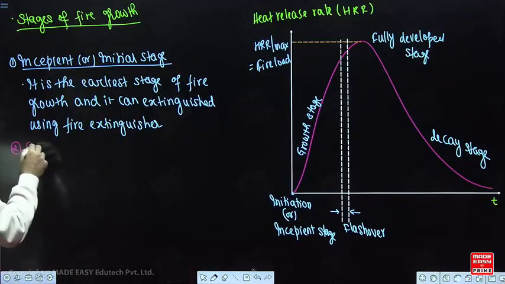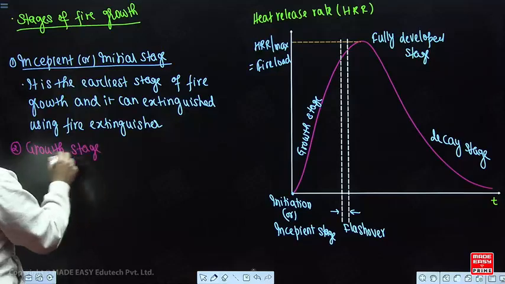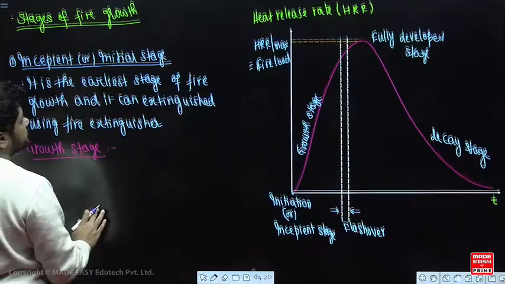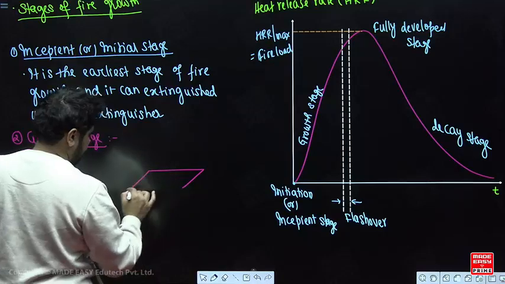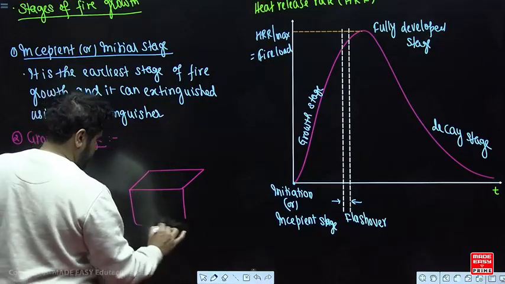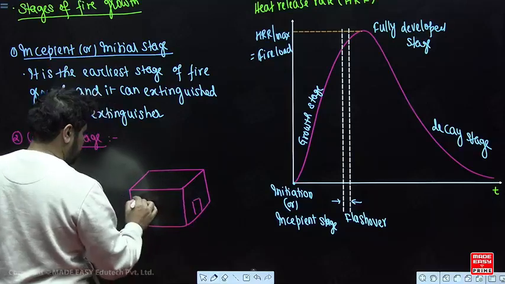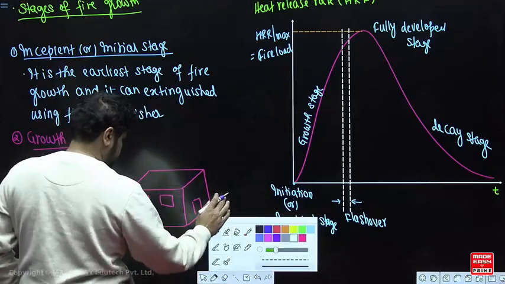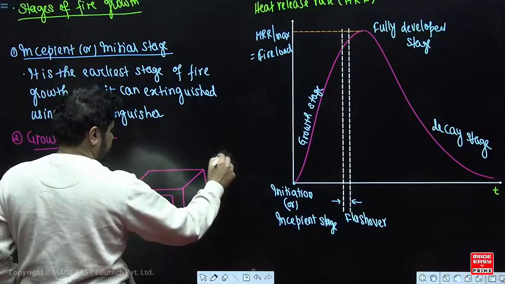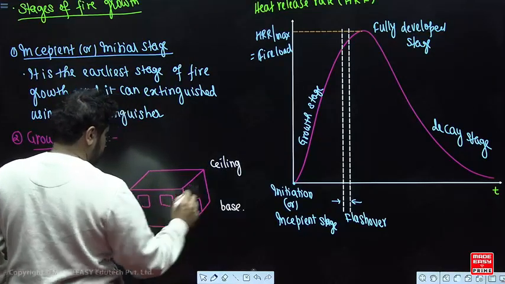Okay, next is your growth stage. अब देखो growth stage क्या होता है. Suppose this is a house, this is a door, this is a ceiling and this is the base, correct.